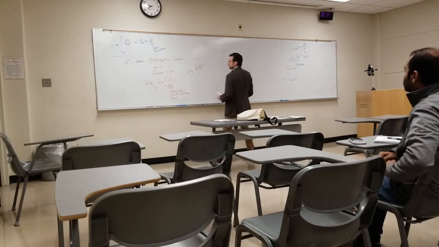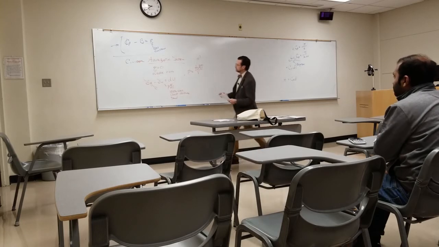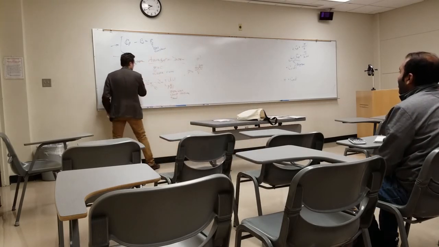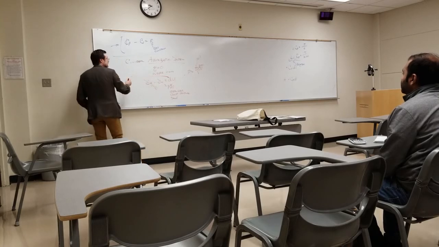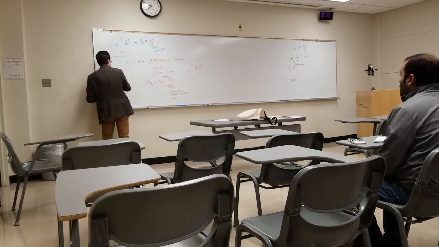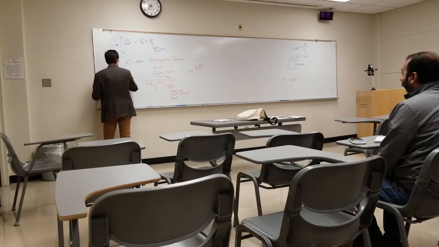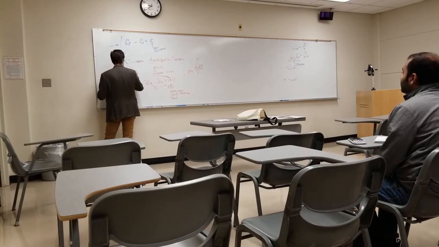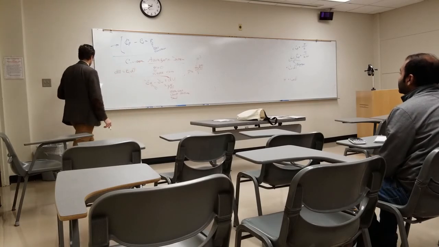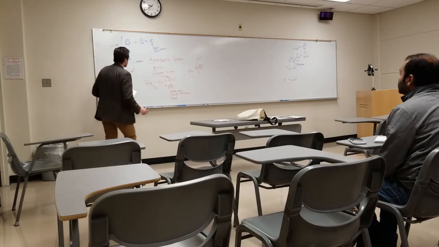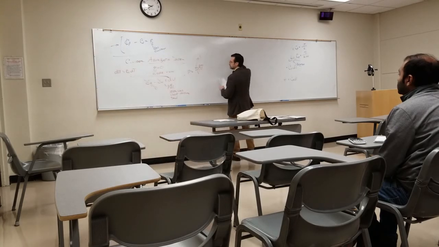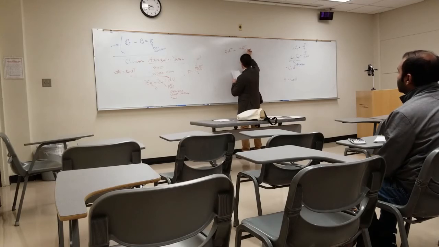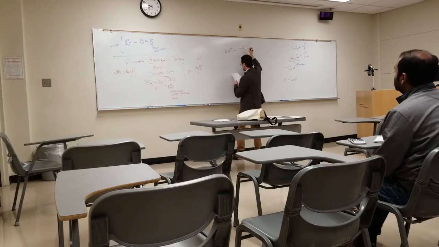Also substituting for U, what we just erased from over there, U is equal to Cv T. So Cv dT equals negative RT over V dV.